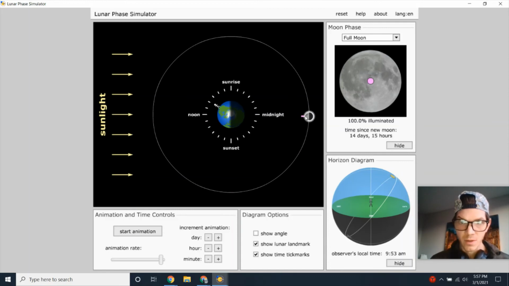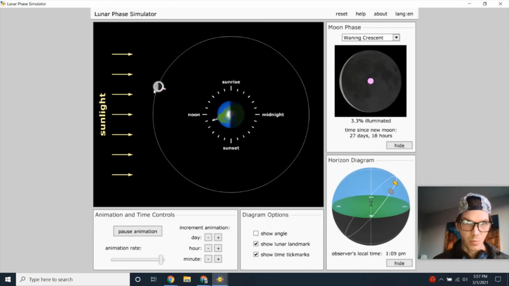Now, right now, this flag is pointing to the left, and we're going to watch to see how long it takes for that moon to rotate as it revolves so that the flag is pointing to the left again.